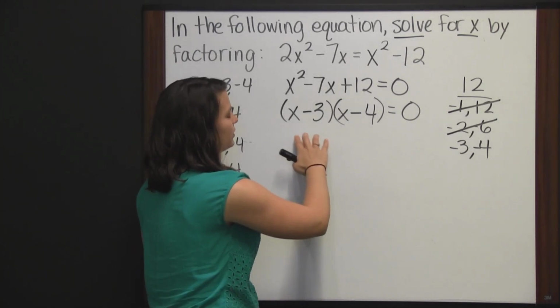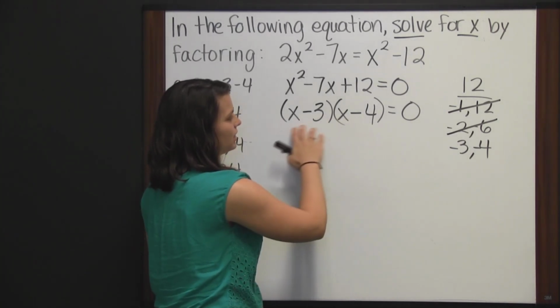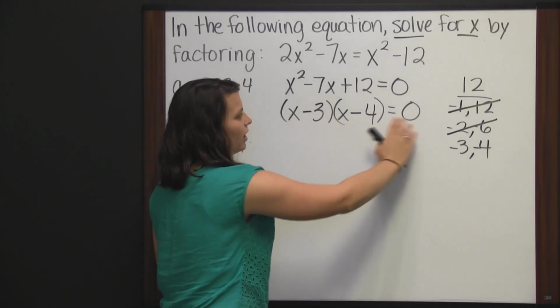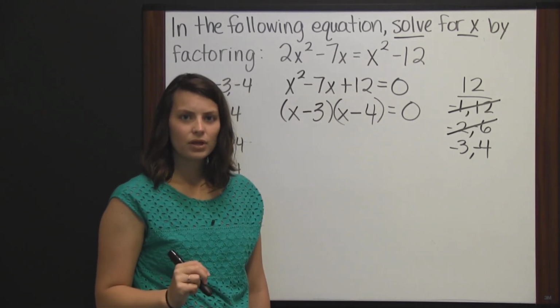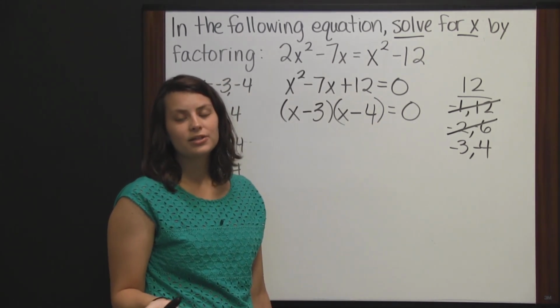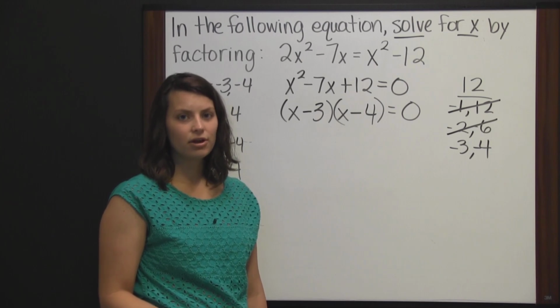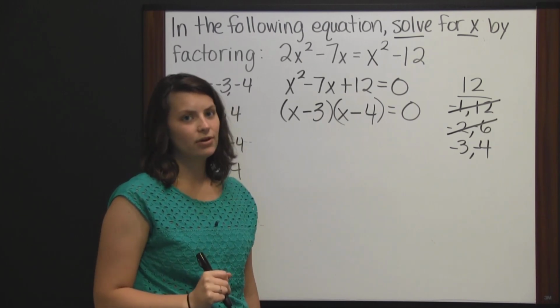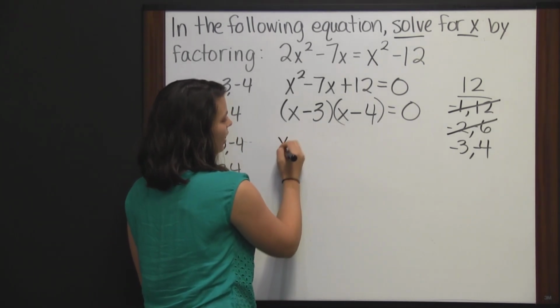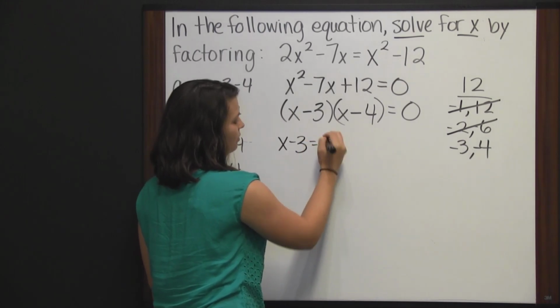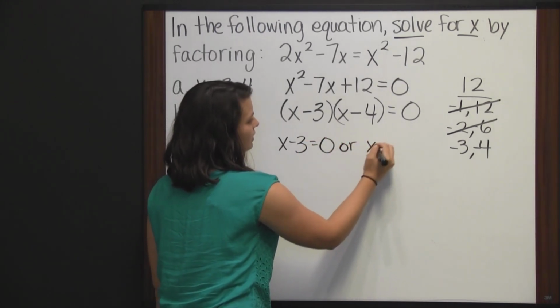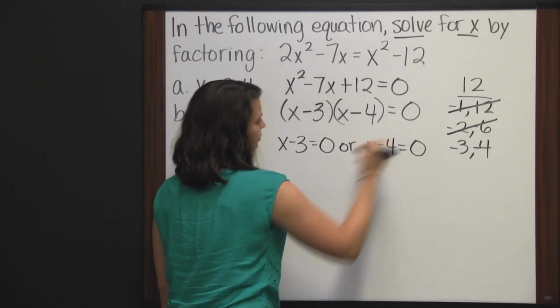Here we have two expressions that we're multiplying together, and that gives us 0. The only way you can multiply two numbers together and get 0 is if one of them is 0. So that means that either x minus 3 must be 0 or x minus 4 must be 0.